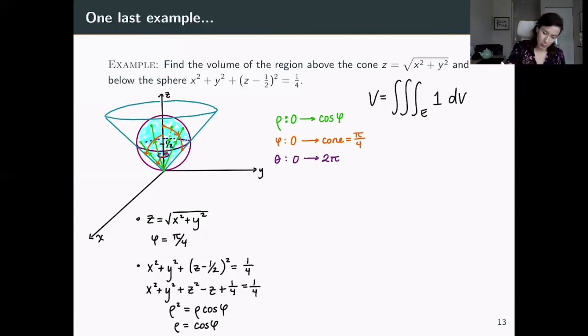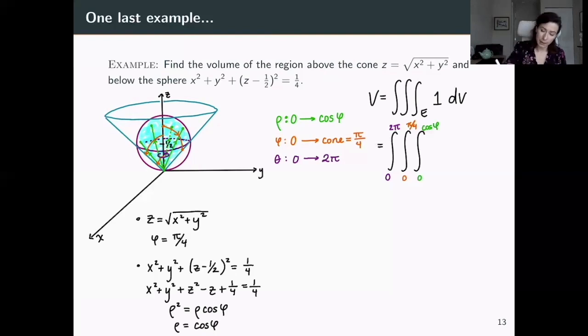We can then rewrite this triple integral as an iterated integral in our variables. Theta goes from 0 to 2 pi, phi is ranging from 0 to pi over 4, and lastly, rho is ranging from 0 to cos of phi.